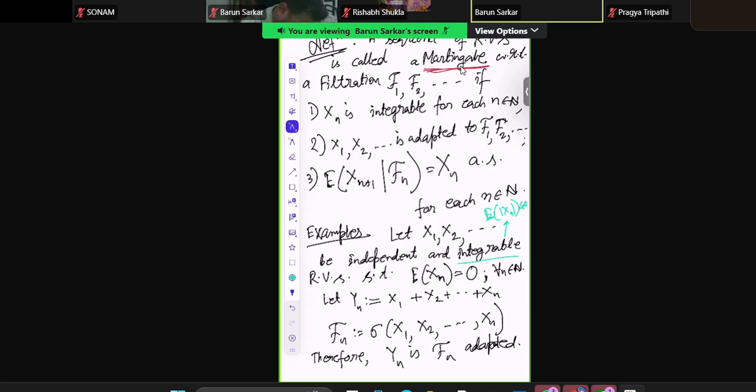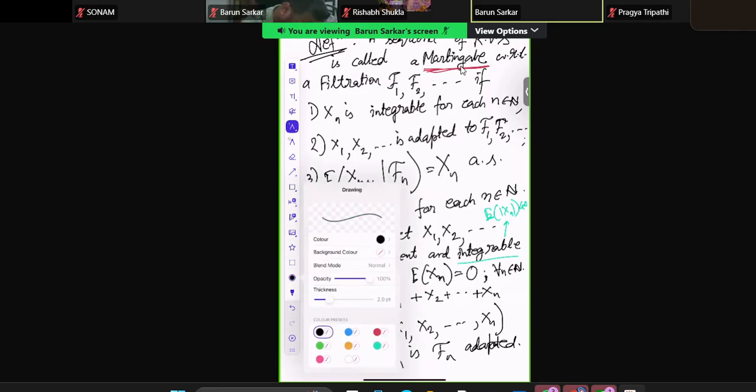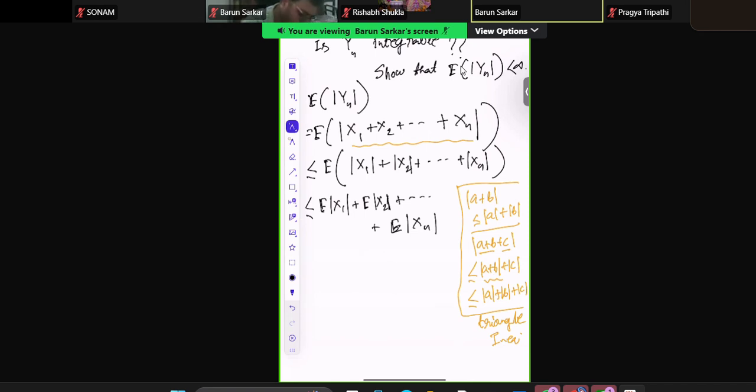So now, for each xi, the expectation of mod xi is finite, and you have a finite sum of n terms. Each one is finite and you have a finite sum, so therefore this is finite.